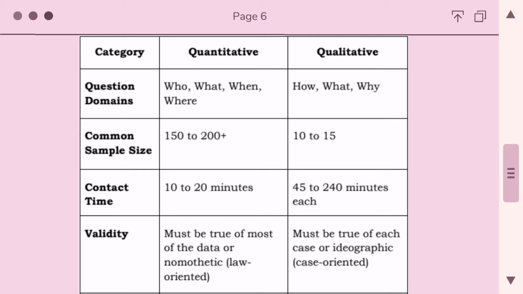For the contact time, quantitative has 10 to 20 minutes and qualitative has 45 to 140 minutes each, for the researcher interacts with the research subjects or the participants. For the validity, quantitative is law-oriented, while the qualitative validity is case-oriented.